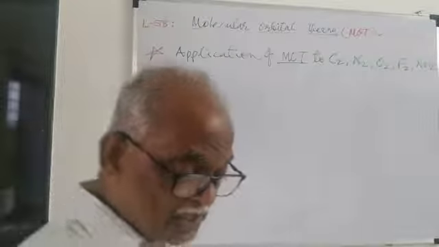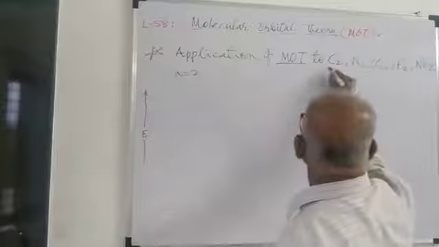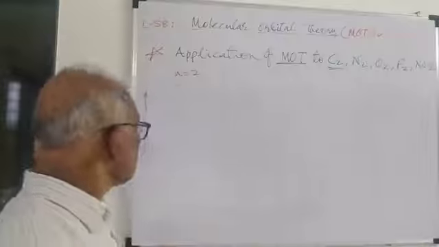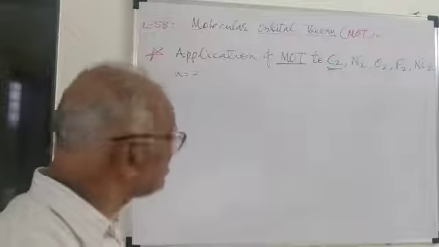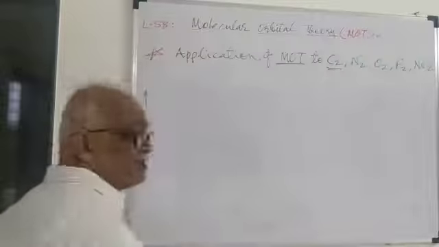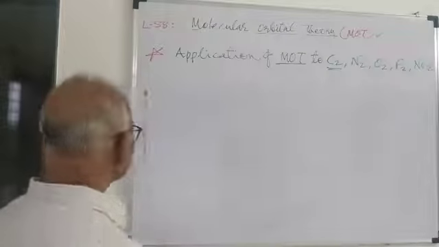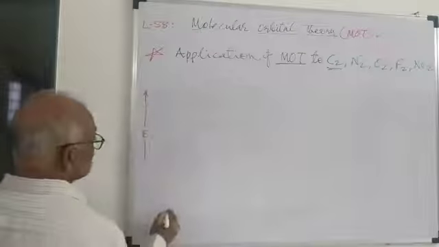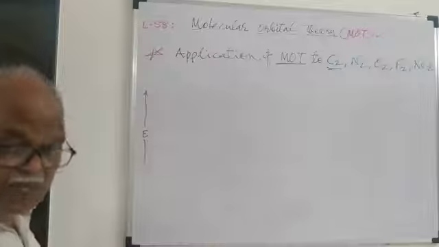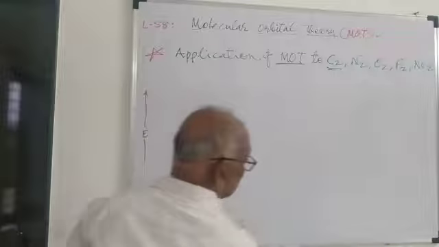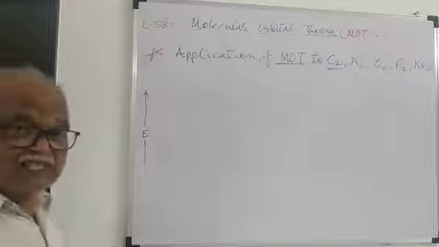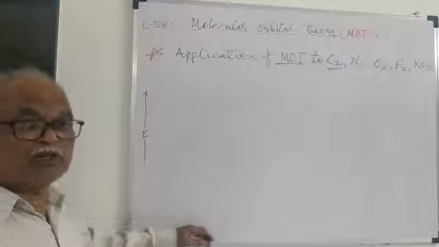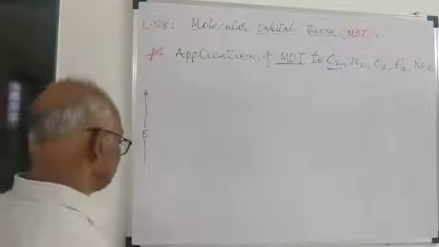Now we will see the first molecule of this type, that is C2. For this purpose we have to explain the application on the basis of the MO diagram. For all these diagrams we are not using the 1s energy levels, in order to avoid some confusion.